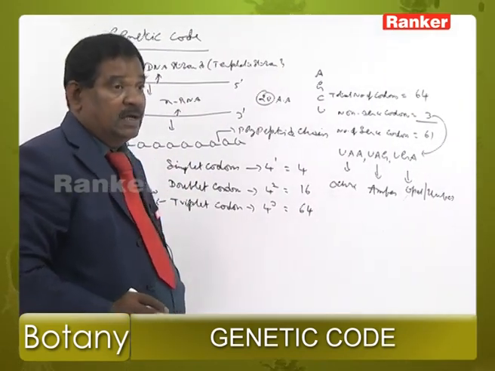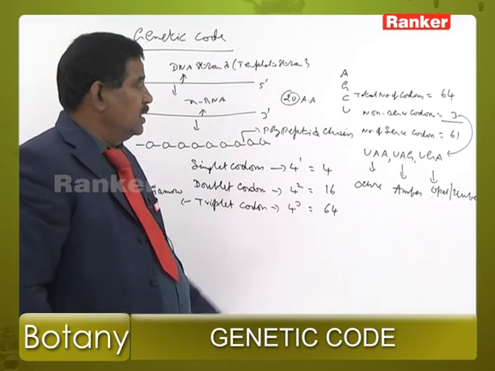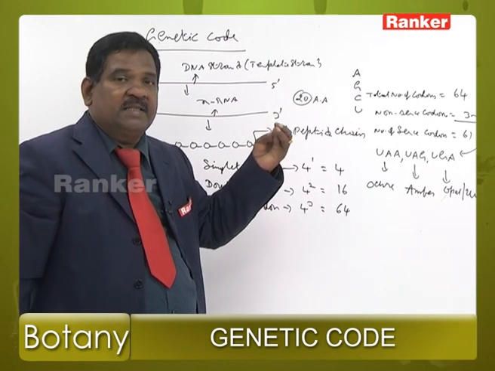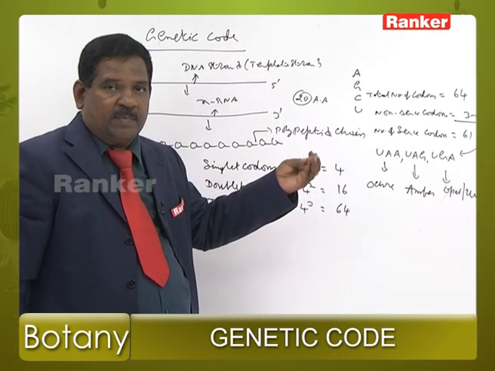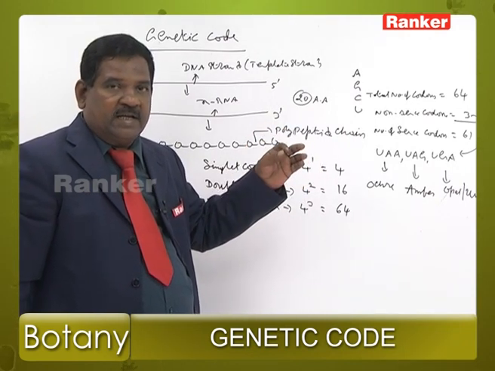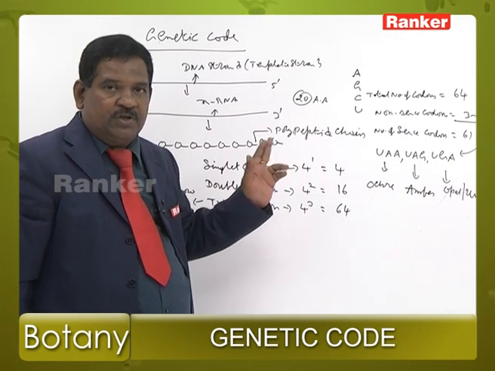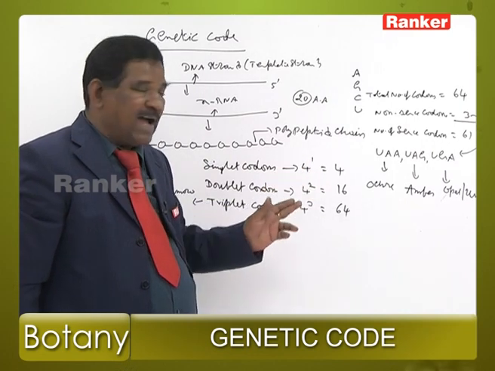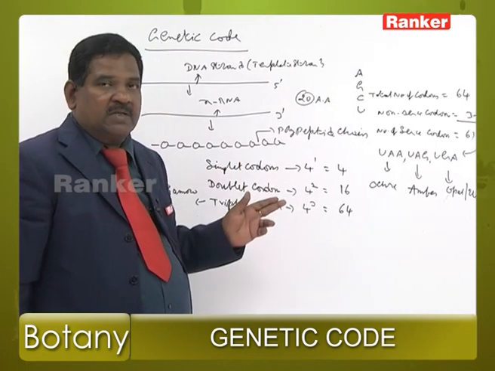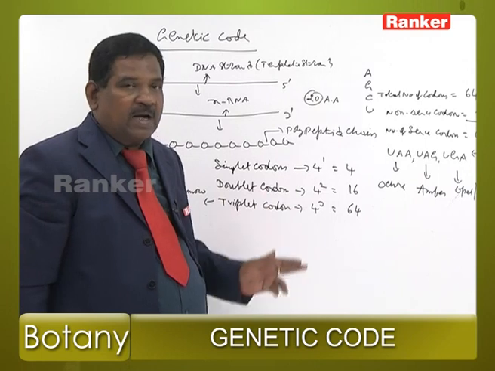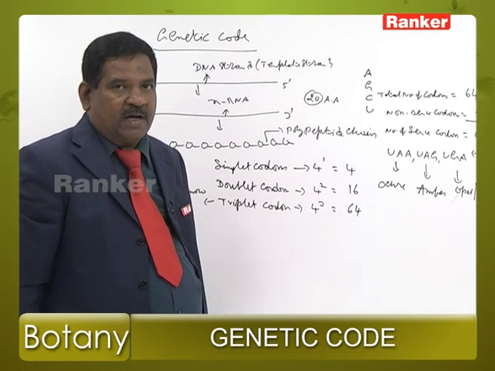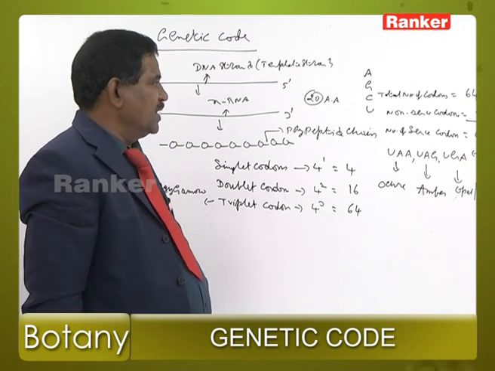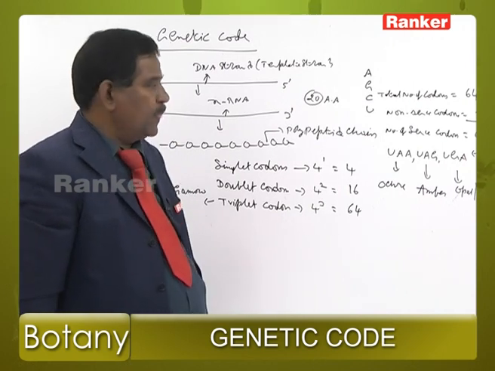Those nonsense codons do not recognize any amino acid and are generally present at the termination of the polypeptide chain, so they are also called chain terminating codons.